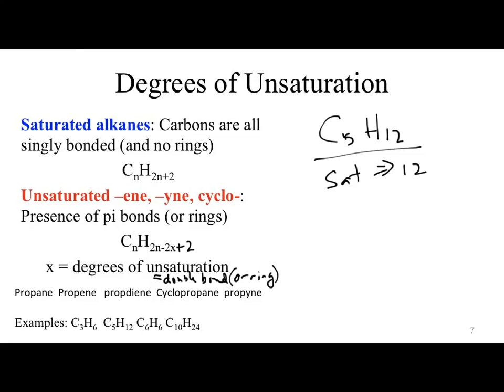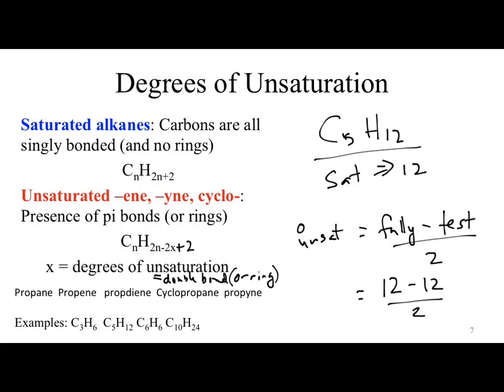If we go to the calculation that we just did, our degrees of unsaturation was how much was fully saturated minus our test, divided by 2. If it's fully saturated, it's 12. We're testing that formula, which was how many hydrogens? 12 divided by 2. What do we get? We still get 0.